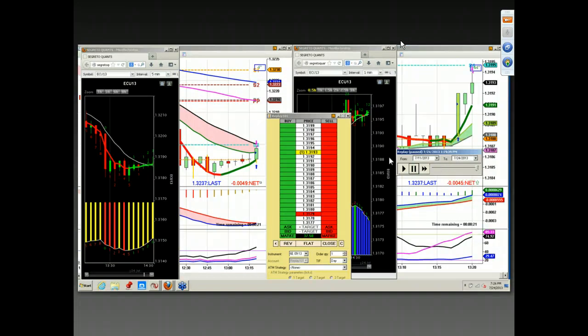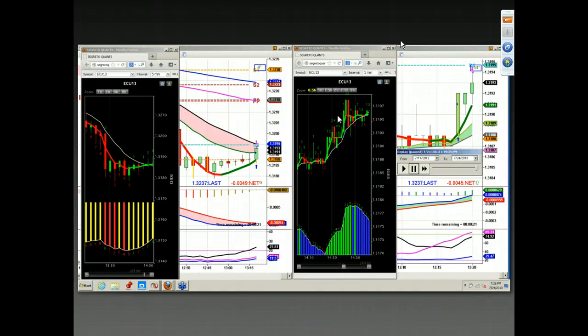And again, what I want to take a look at now that this trade is done is, let's review why we got in, okay? On the NinjaTrader charts, we wanted to see a green HMA on the 5 and the 1. We got it. We wanted to see a green bar on both. We had it. We had momentum on the 1-minute chart.